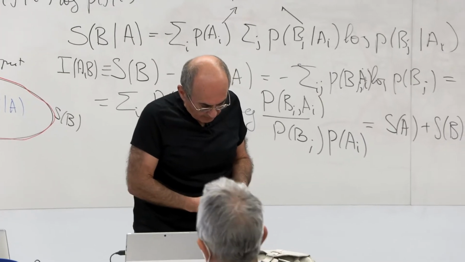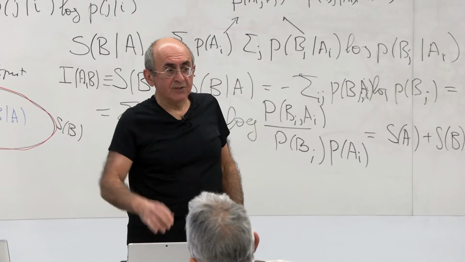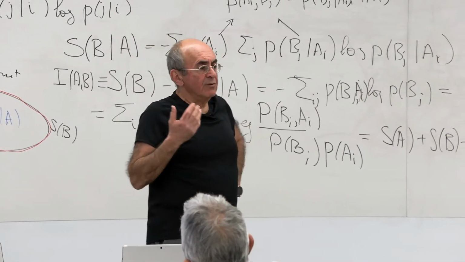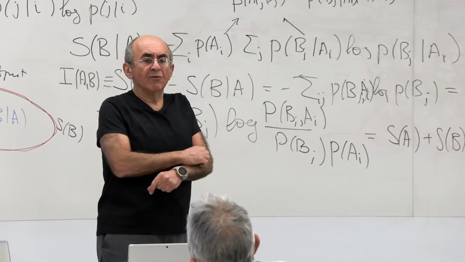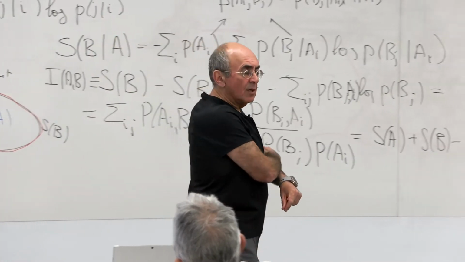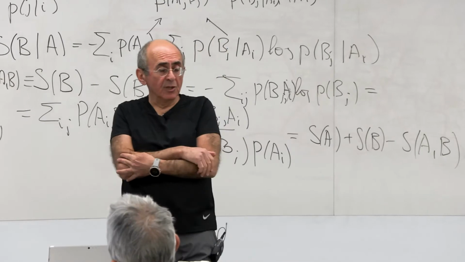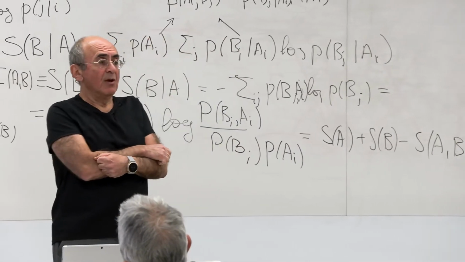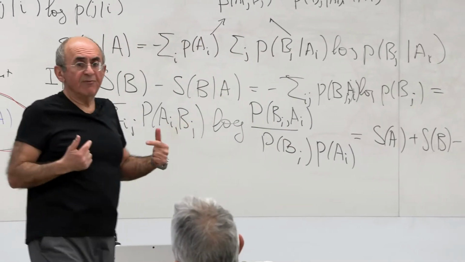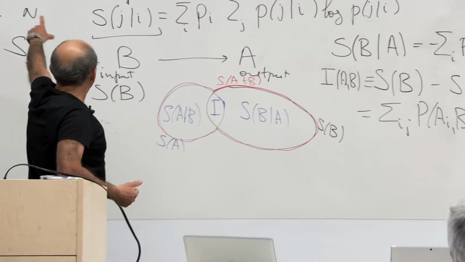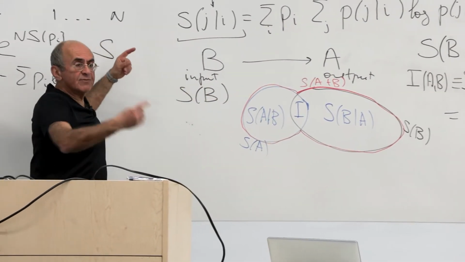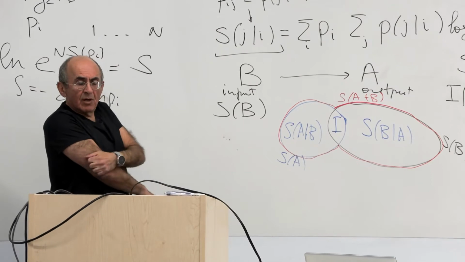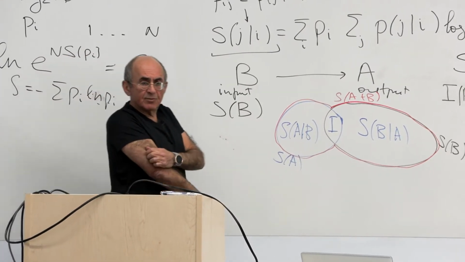Now, the first case where it turned out to be so important was the famous Shannon noisy channel theorem, which poses the same question that we asked before: how much information does a channel bring?